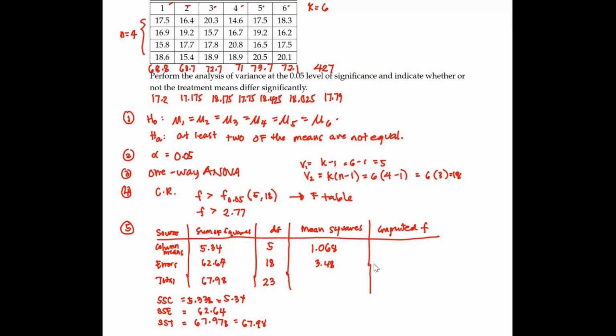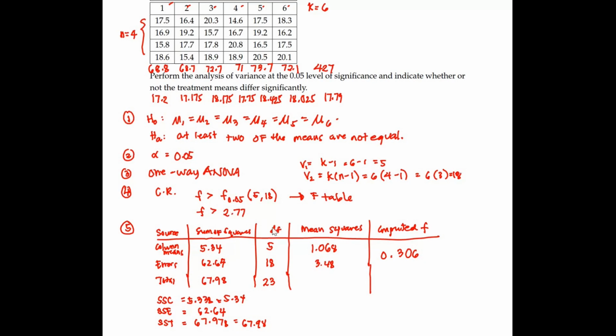And then for the computed value of f, 1.068 divided by 3.48 will give you 0.306.